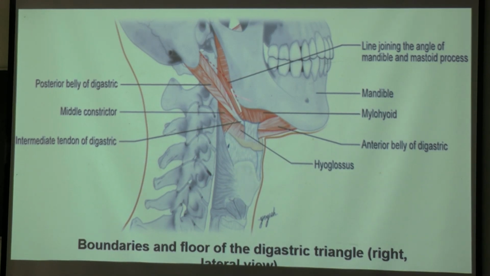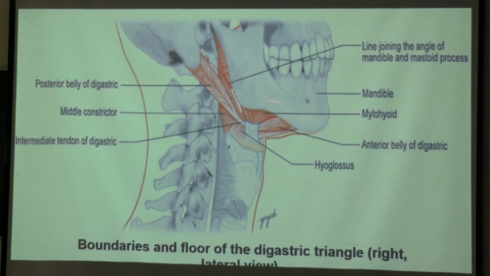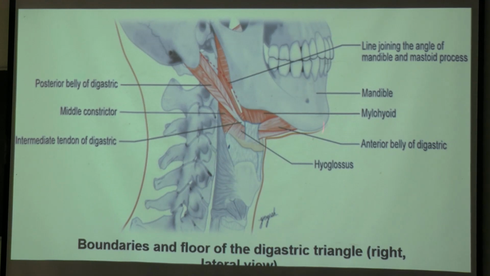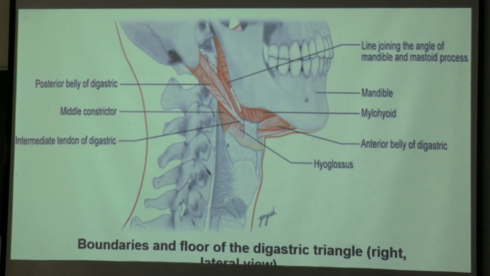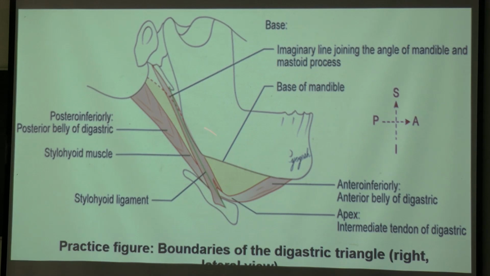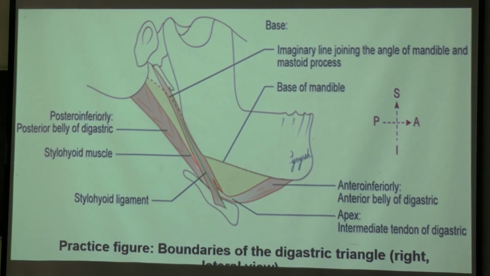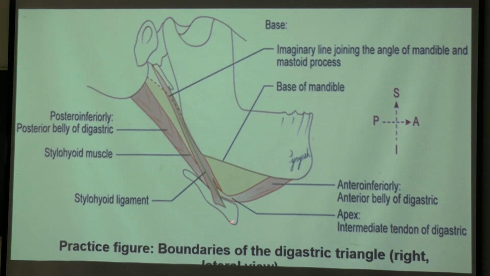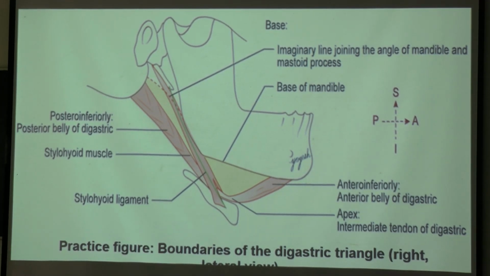And floor is formed by these three muscles, mylohyoid, hyoglossus and superior constrictor muscle of the pharynx. All these are forming the floor. Okay, and contents we will see. So this schematic diagram you can practice. And another ligament has been shown here, the stylohyoid ligament connecting the styloid process of temporal bone and hyoid bone.